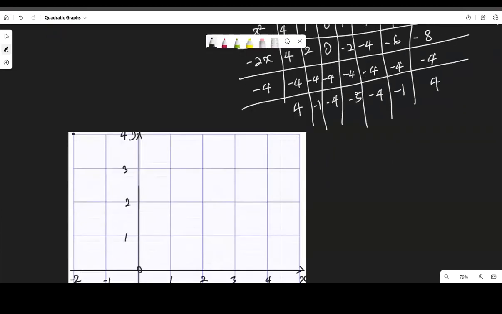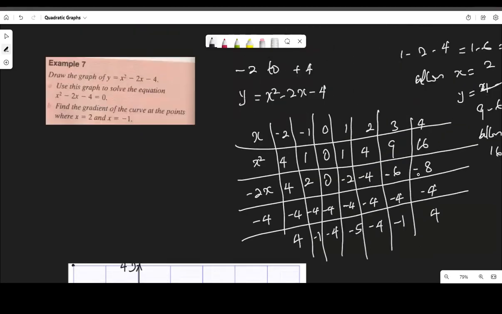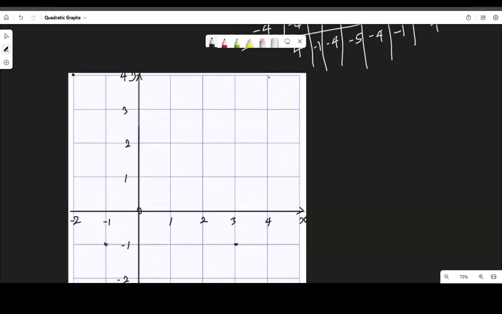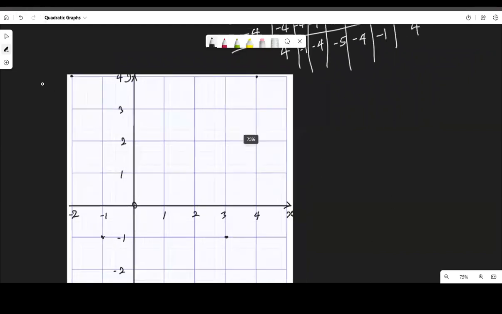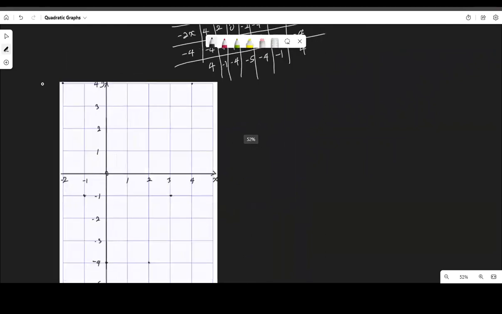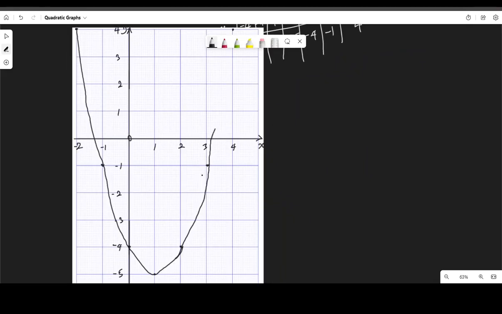When x is 4, y is also 4. 4 to 4. So right here. Okay, we need to join all these points together. Let me zoom out so we can capture the points at once. Missed it again. Something like this, yeah?